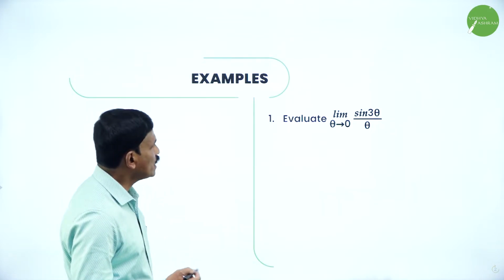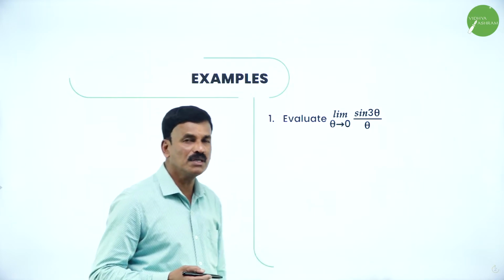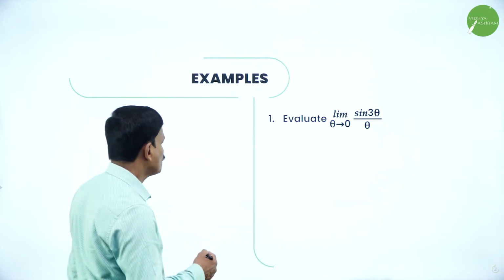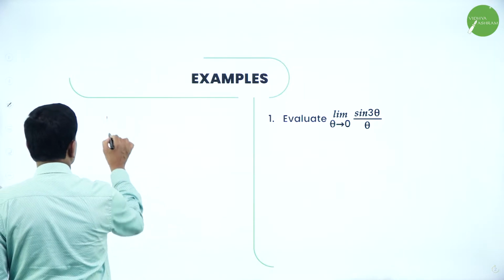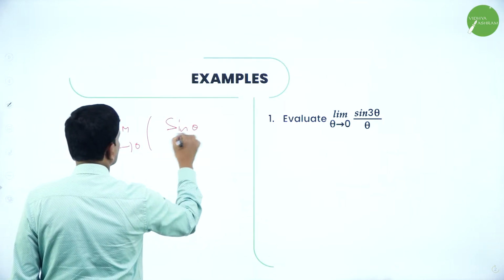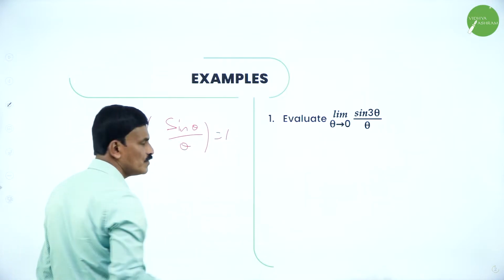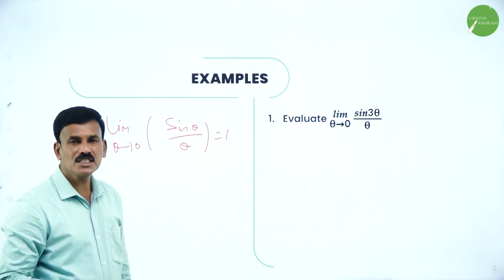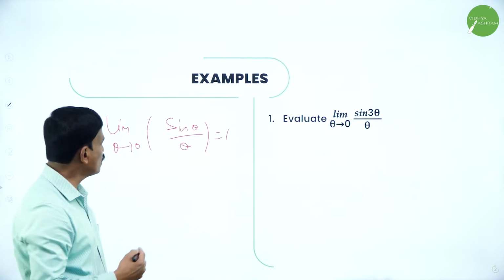So here let us convert this into the form limit theta tends to 0 of sin theta by theta, since we know the standard result that sin theta by theta when theta tends to 0 is given by 1.